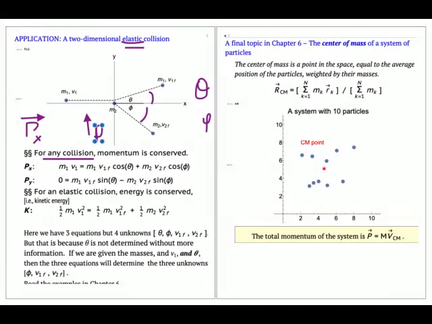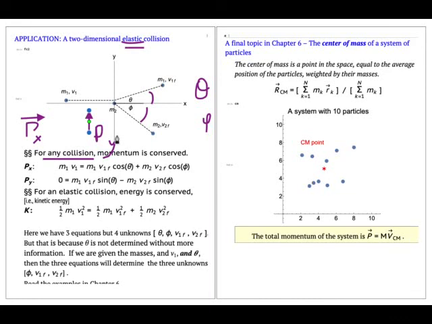Now, initially, p_y is 0 because nothing is moving in the y direction. Momentum is mass times velocity. Well, the velocity is only in the x direction, and it's owned by particle 1. So, initially, p_y will be 0 before the collision.